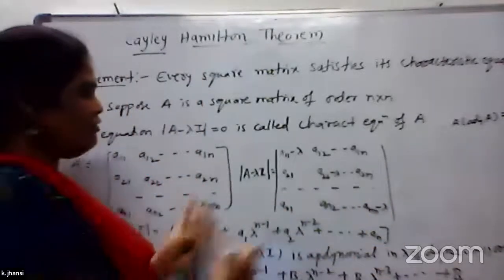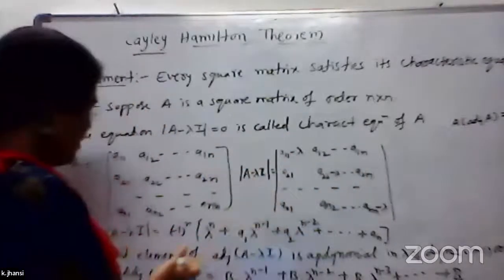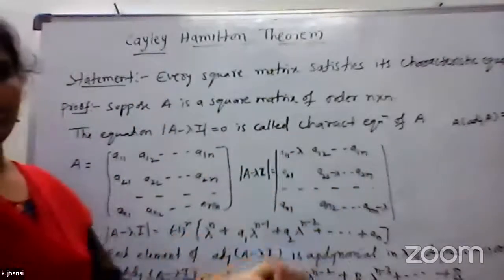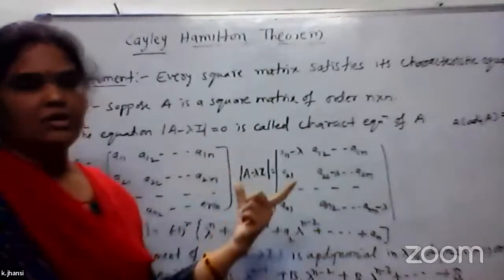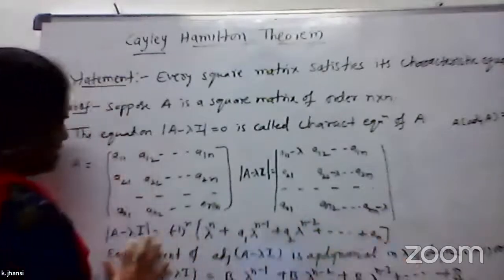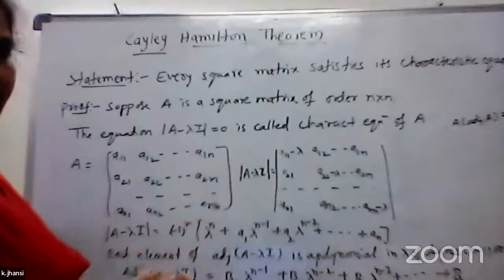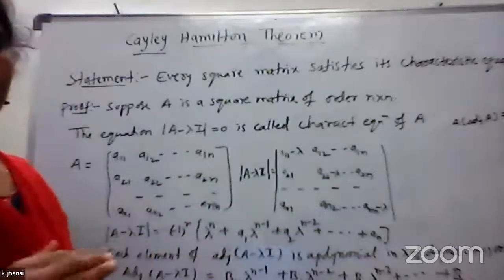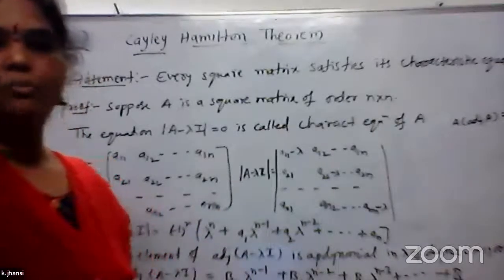Okay. When you find the determinant of this A minus lambda I, you will get one polynomial like this. So we are finding this for nth order, and for the nth order you will get the polynomial like this. Why? Because when we find the determinant of a matrix, you get alternating signs: one positive, another negative, positive, negative.